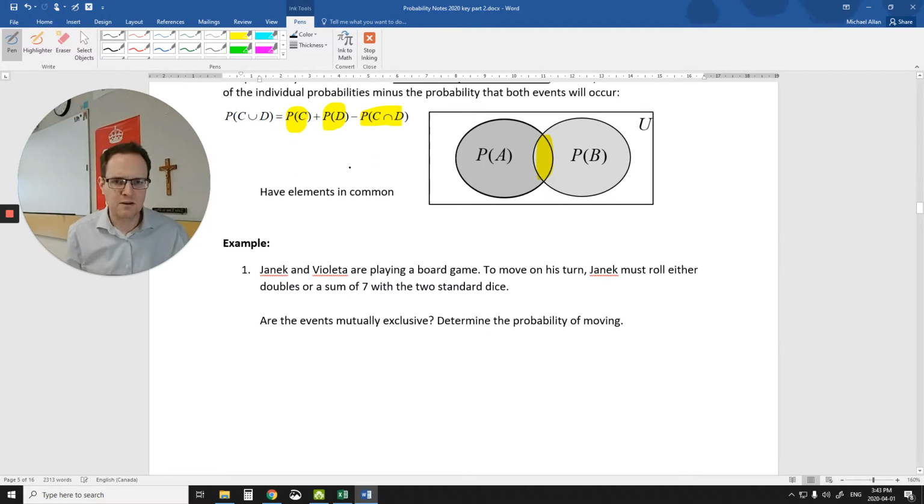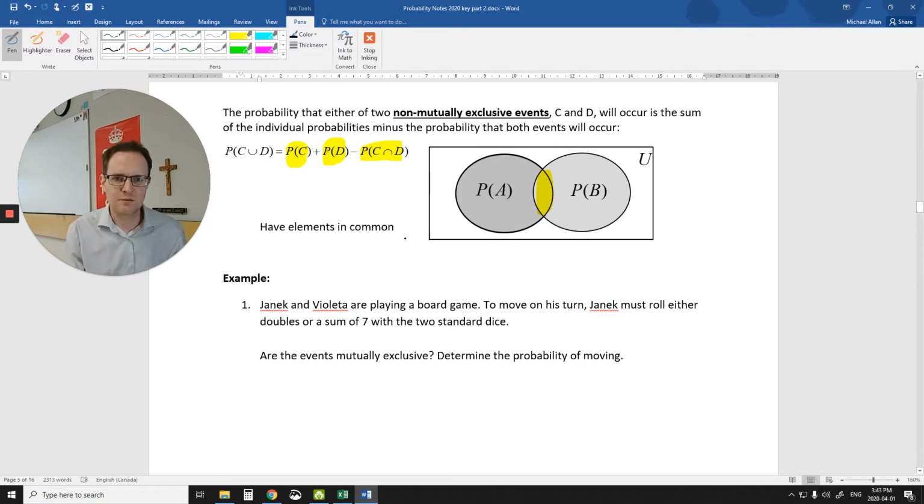Okay. Why does this work? Like, what's this minus here all about? We did something like this when we solved Venn diagrams before. If I told you what the union was and I told you what these 2 circles were, you would subtract those over to the other side to find out what this middle piece is.